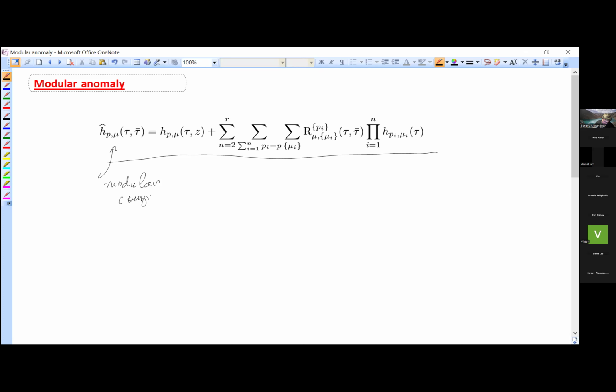What this equation tells you is that this particular combination of generating functions must transform as a standard modular form, of the same weight which we had before.